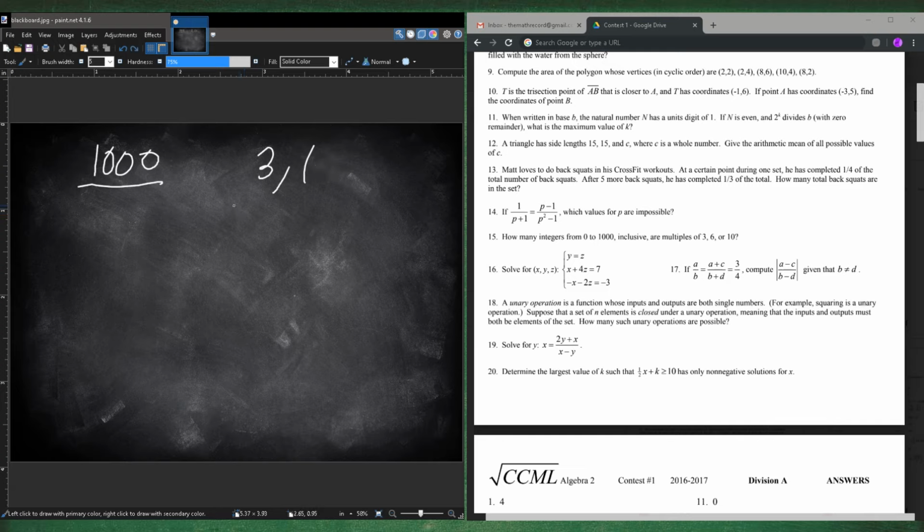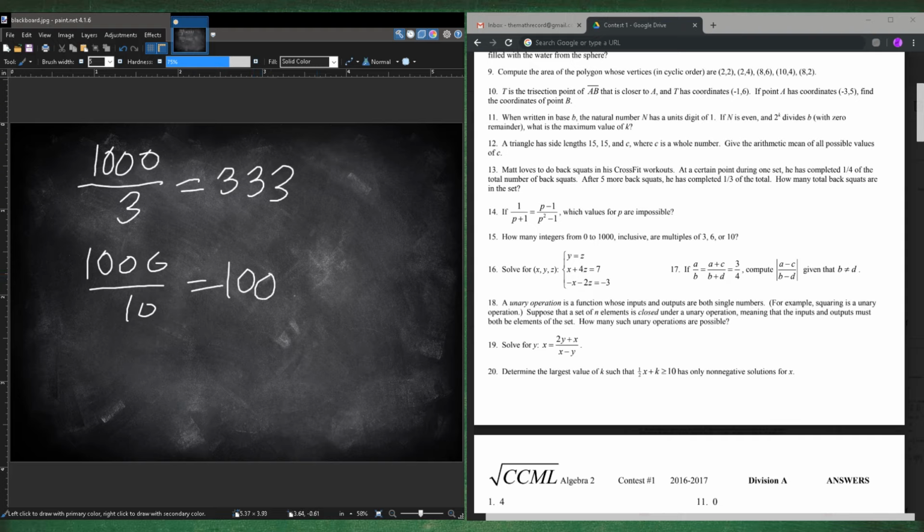the multiples of 10. So 1,000 divided by 3, there's 333 of those numbers. And 1,000 divided by 10, you have 100 of those numbers. But you gotta think about it, because some numbers of 3 and 10 can overlap, like 30, which is divisible by 3 and divisible by 10.